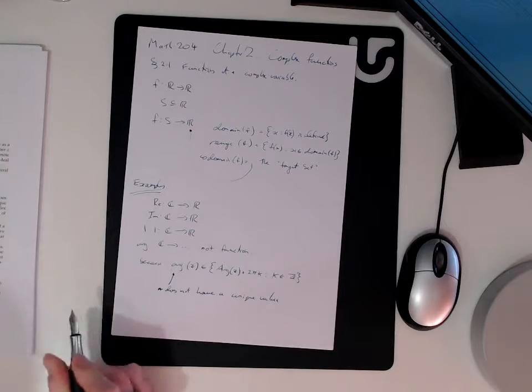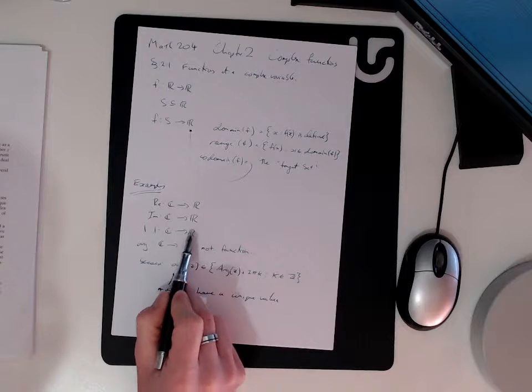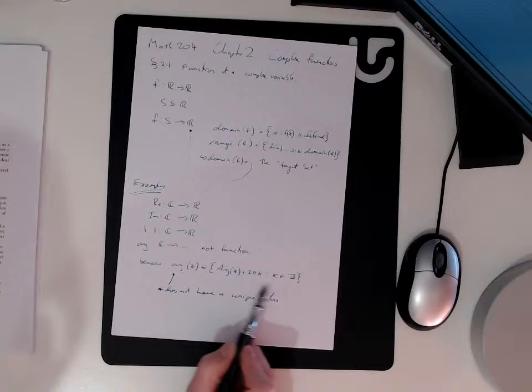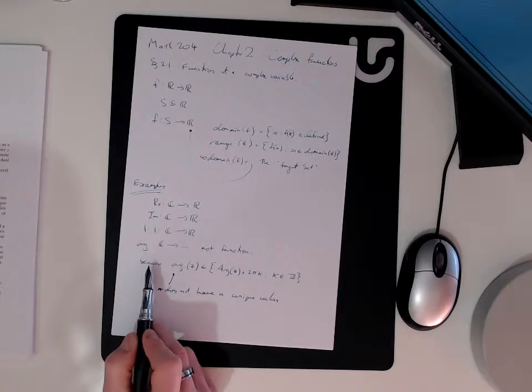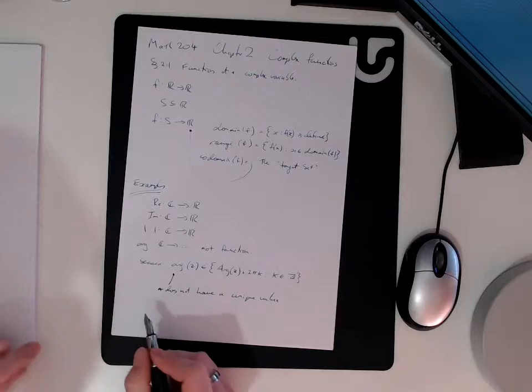So not a function. There are ways to make it a function. You let the target set be the set of all subsets of this form, and then of course the argument would pick out one of those subsets. Alright.